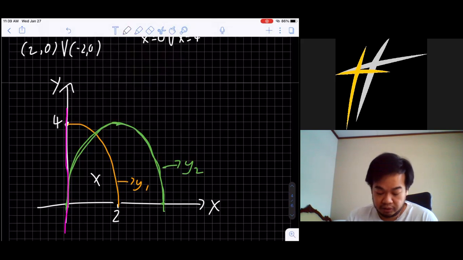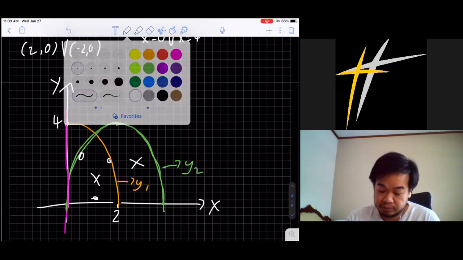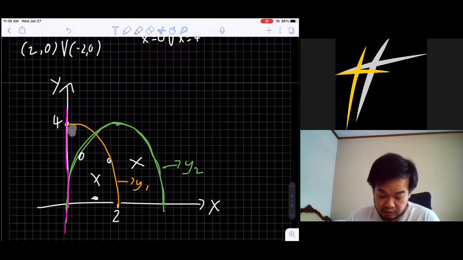Why? Because even though it's met with y2 and y1, it's not met by the y-axis. It's also not this one because again there is no y-axis. So the right one for this problem is actually this one. This is the area that is asked.